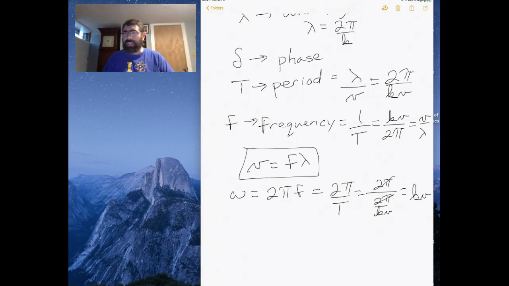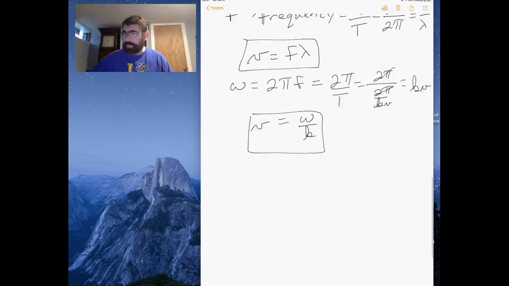So I could write the angular frequency as the wave number times the velocity, or I could rewrite this as the velocity is omega divided by k. So I can either write it in linear terms or angular terms. However I want to write frequency, it's still the velocity of the wave is equal to something related to wavelength and something related to frequency.